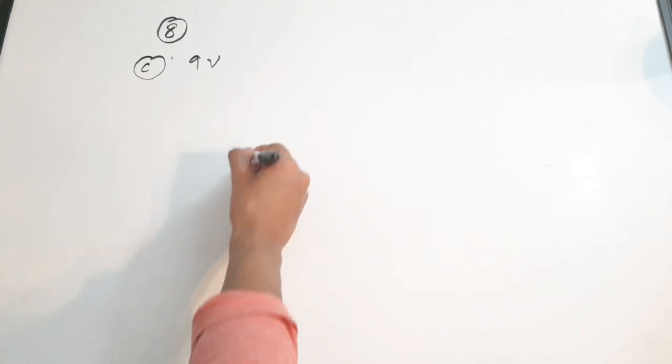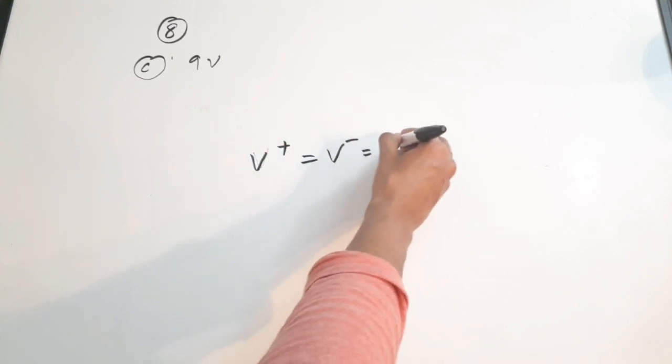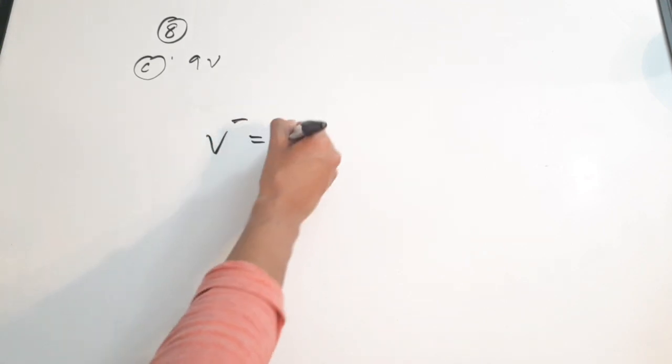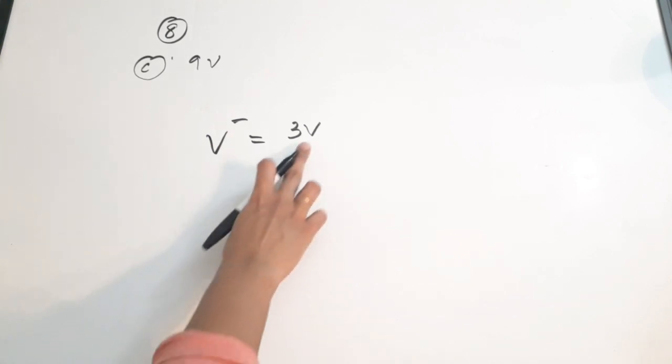And so, due to the virtual ground concept, V plus is equal to V minus, so 3 volt has to be the voltage at the inverting terminal also. So V minus is 3 volt. We generally do these op-amp problems by taking these assumptions.